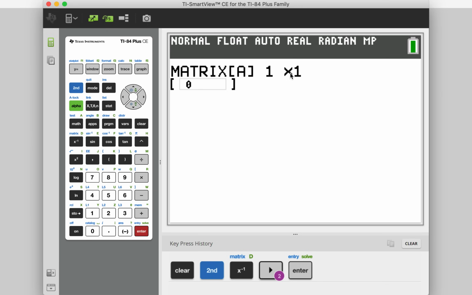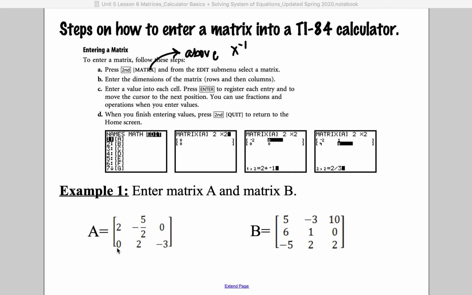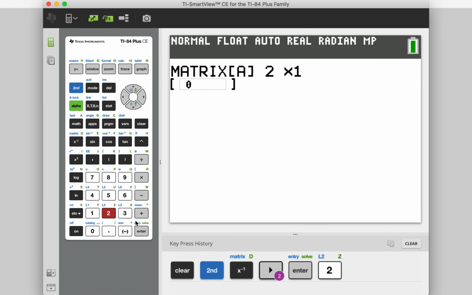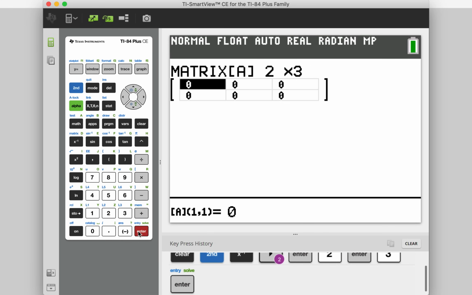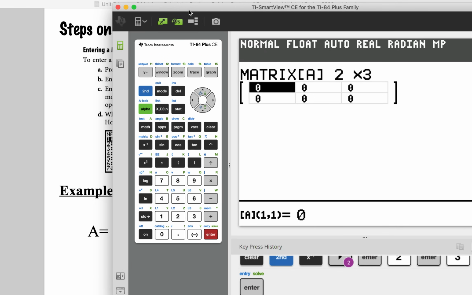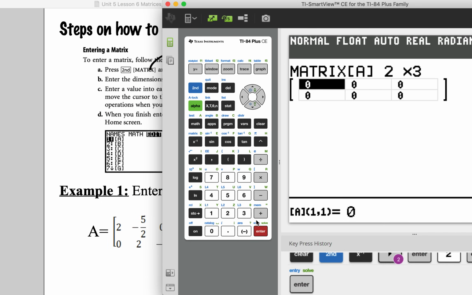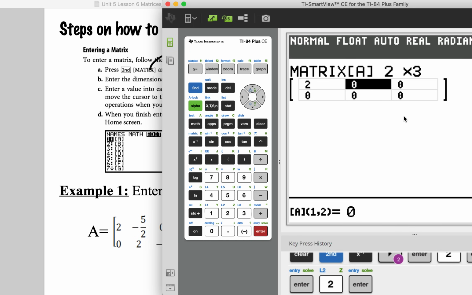Now here's where I need to put in the dimensions of my matrix. If I look at what matrix A is, remember, this is rows by columns, so I have 2 rows and 3 columns, 2 by 3. Then it should provide me a matrix that is 2 by 3 in size, and I'm going to type this matrix in. So I would do 2 and then hit enter, and that goes to the next, it just reads across the row.